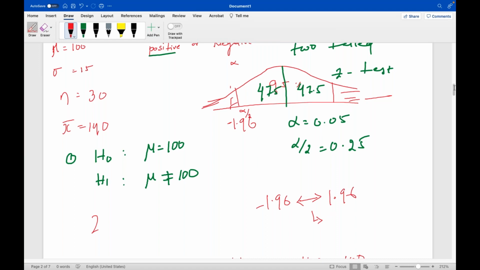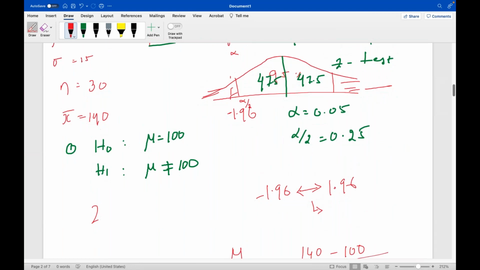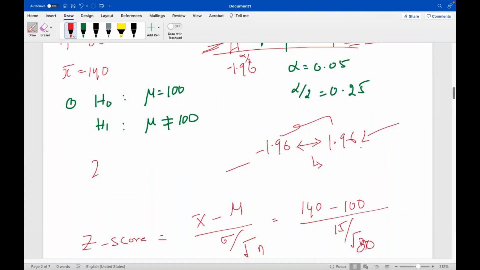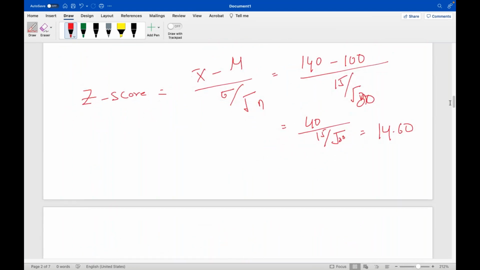But my value of 14.6 is not in this particular range. It is more than this value. It could also be less than this value. If it is less than this value, it could be significant; if it is more than 1.96, it could be significant too, right? So my 14.6 is more than 1.96, which means rejecting the null hypothesis.